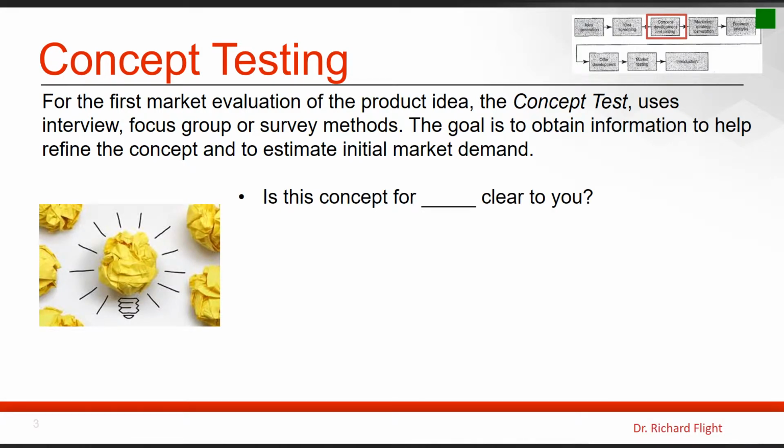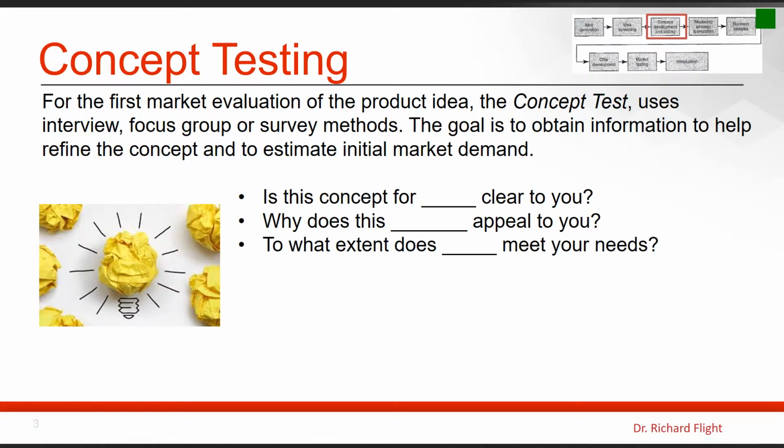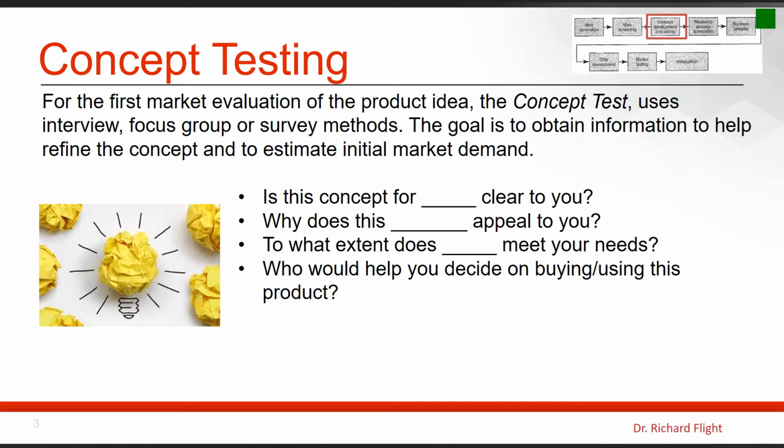So some of the things that we're asking: is the idea or the concept for the product clear? So is it understandable? We ask, why does this concept appeal to you? So we just in these spaces put in what our new idea, our new product or service is. To what extent does this new idea meet your needs?